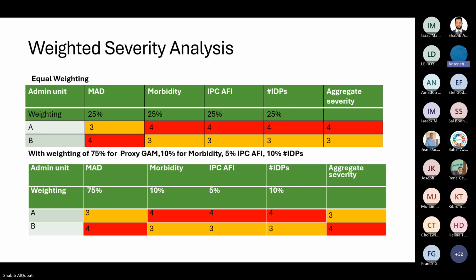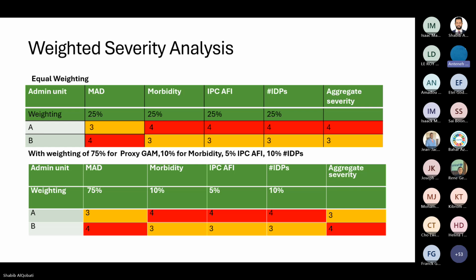In the first table, what you can see is, if we assign equal weighting for, say, four indicators here, the severity could change. For example, minimum acceptable diet is 3, and the rest of the indicators are 4.